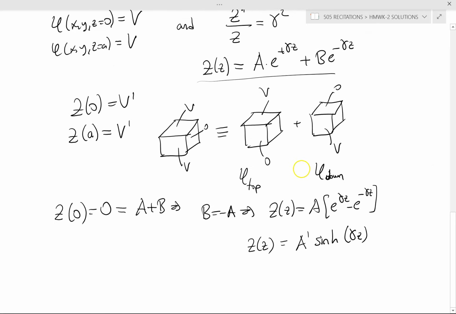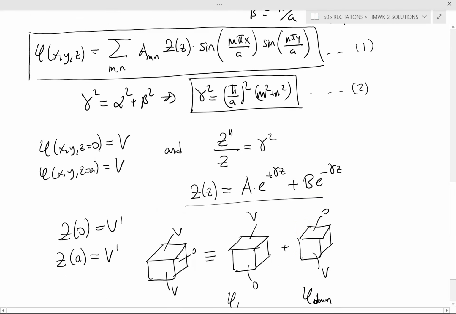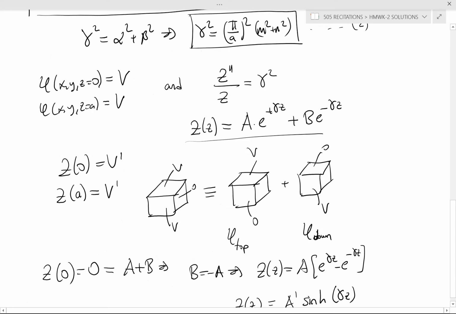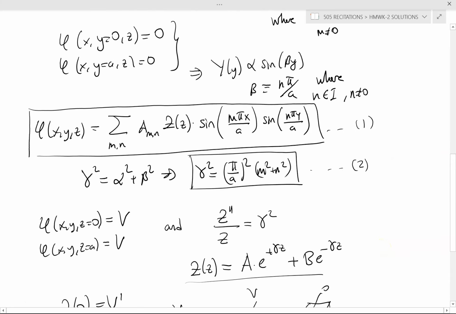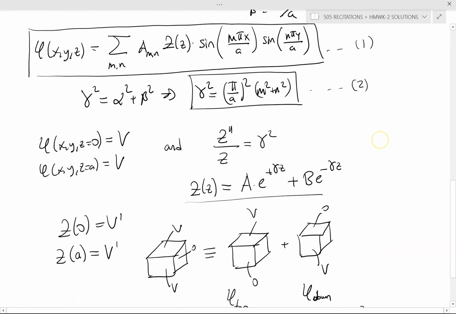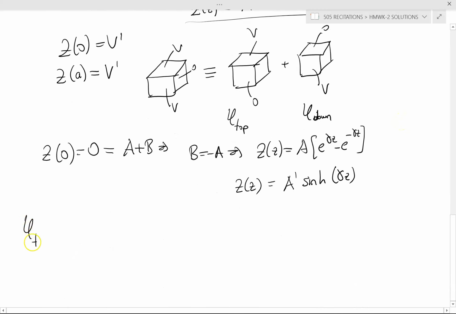I am now focusing on psi top up to now, but the boundary conditions for the vertical surfaces are not changed, which means that the analysis that we have done for x and y coordinates are still valid. So the general form of the solution for psi top (x,y,z) can be re-expressed in this form now: A_mn multiplied by Z(z), which is sinh.